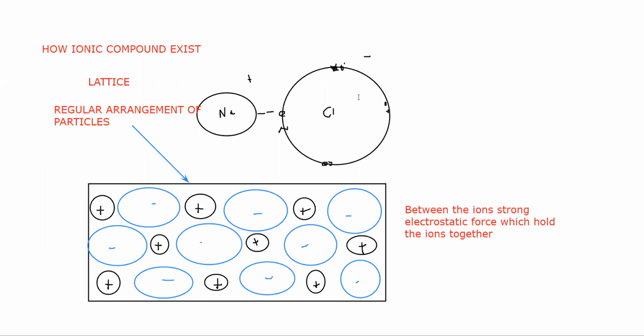And you have to learn the properties of ionic compounds. If any ionic compound is there, it will have these properties. Number one, they're usually solid at room temperature.